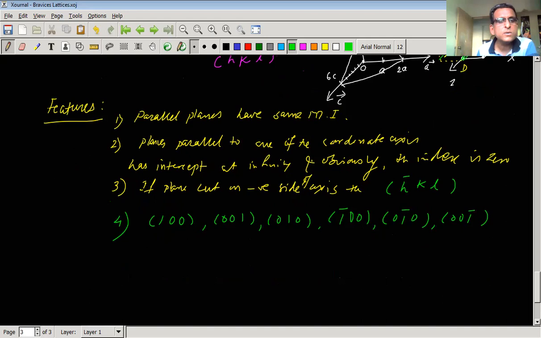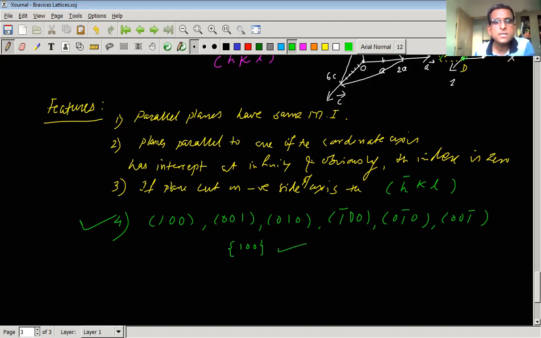So by the time, remember that the Miller indices of the faces of the cube are of this type, and since they are similar to each other, we can write them in curly brackets as 100. This simply suggests these are the indices of the faces of the cube.